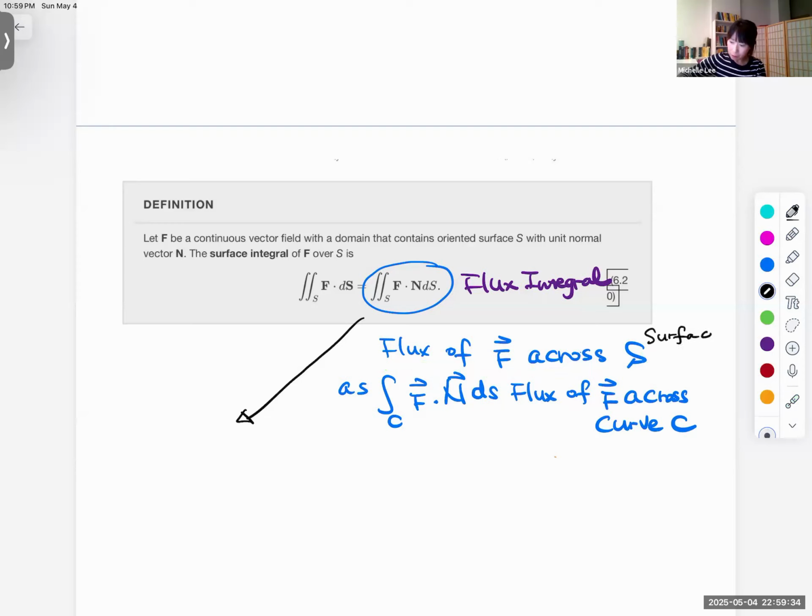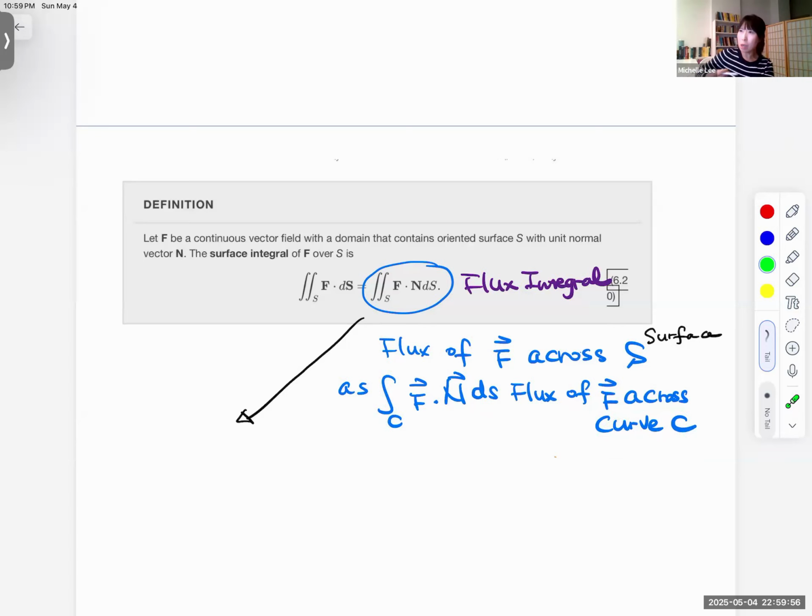As we have a flux of a vector field across the curve C, same as this one. Yeah. So basically the double integral over a surface, right? Same as the curve C with a single integral, right?